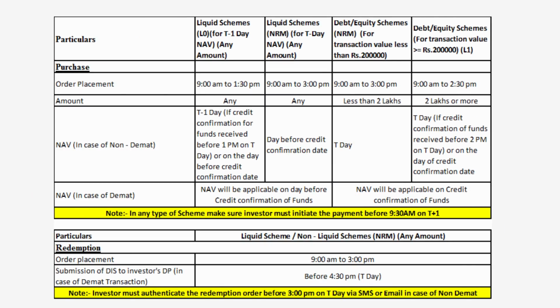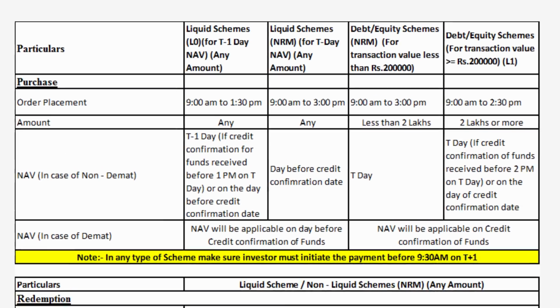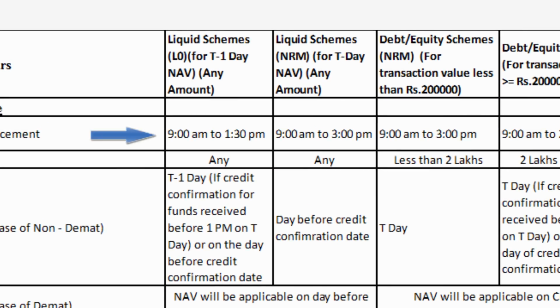In case you would want an NAV in the liquid fund for T-1, that is the historic NAV, you would need to place an order on the system before 1:30 p.m. Ensure that the funds are credited into ICCL's account by 1 p.m. in order to get the benefit of the historic NAV.